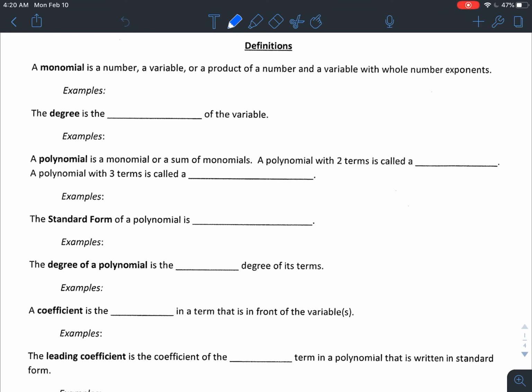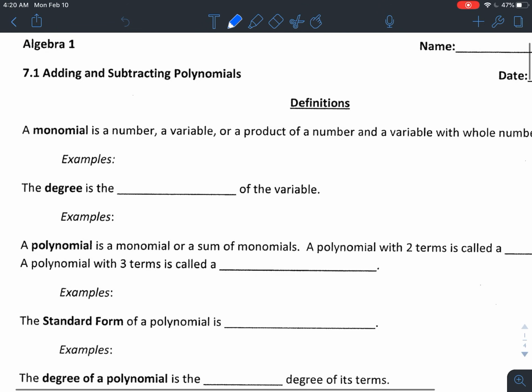Okay, so starting with the smallest thing first, a monomial is any single thing. So it could be a number, it could be just 3, it could be a variable, so x, or a combination of those two, so something like 4x squared.